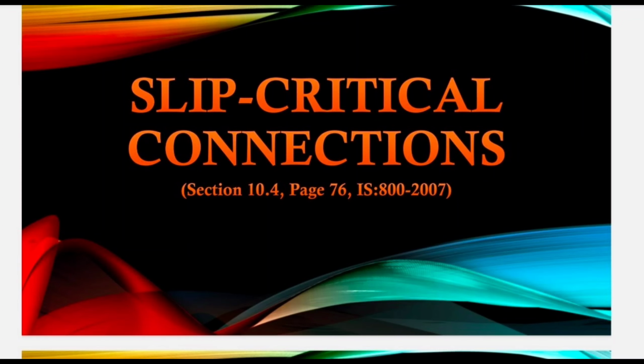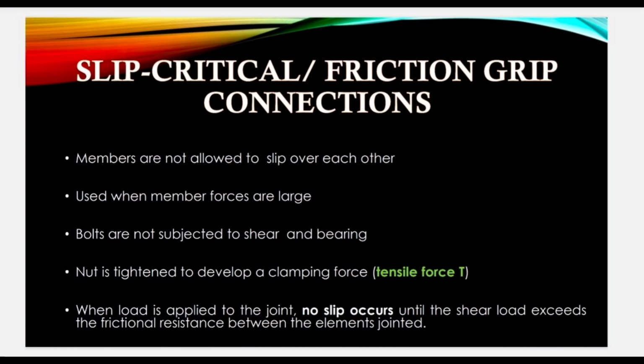Last but not least is the slip critical connection using bolts, per IS 800:2007. Slip critical is also called a friction grip connection. Some members are not allowed to slip over each other, usually when the member force is large. Bolts are not subjected to shear and bearing. The tightening develops a clamping force, using tensile force.